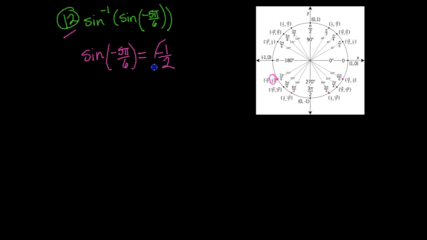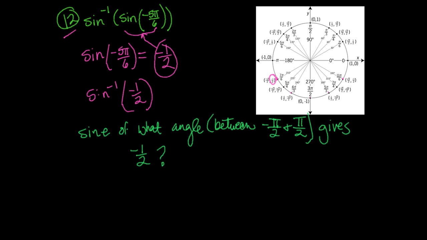So if I substitute this in, now the subproblem is sine inverse of -1/2. So now I'm looking for the sine of what angle between -pi over 2 and pi over 2, remember sine inverse is defined that way, gives -1/2. Where is sine equal to -1/2?